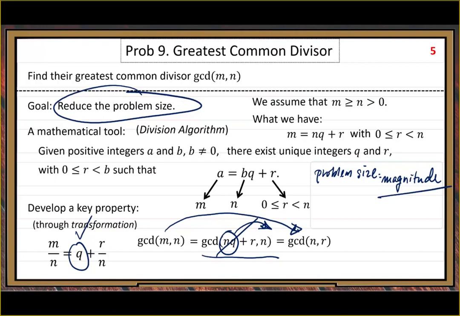Because we have two numbers, it is the magnitude of the maximum of these two numbers. That's the problem size, the larger one. Now you can see the size is reduced.